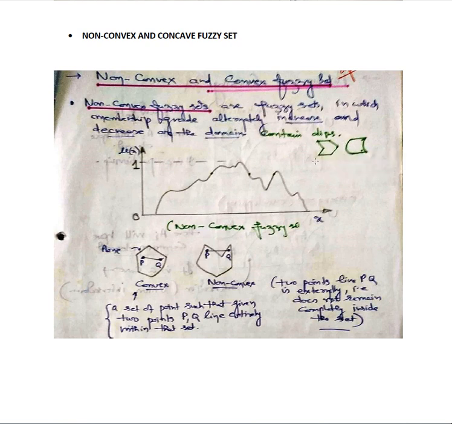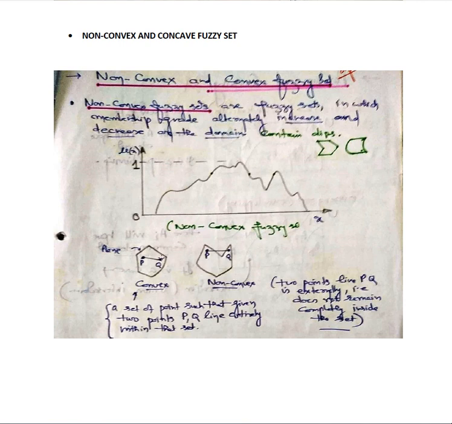Now if you look at this particular figure, this is also a non-concave situation, and this figure is also non-concave. Whereas a concave set is one which has all the elements within that set: a set of points such that any given two points P and Q lie entirely within that set.